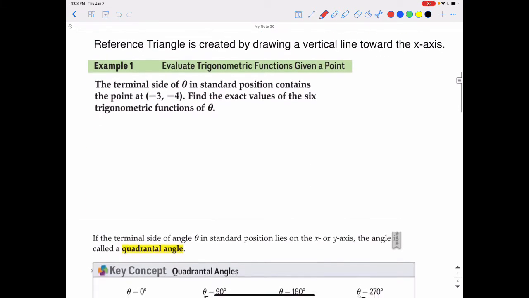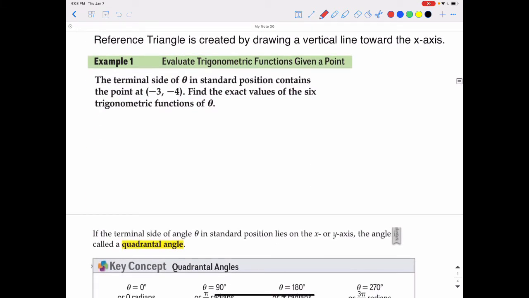So here's an example. Example number 1 says the terminal side of theta in standard position contains the point (-3, -4). Find the exact values of the six trig functions of theta. The first thing I'm going to do is draw what it's describing. So let me draw a set of axes.